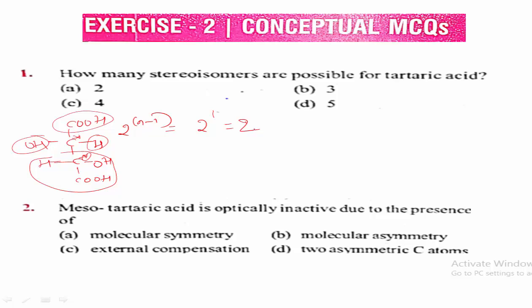What are those two stereoisomers? If you want, I write the structures also. Yes, I write here one is COOH, CHOH, and here CHOH, and here COOH, and another structure: COOH, and here this one H and this one OH, and here HO, and this one H, here COOH.